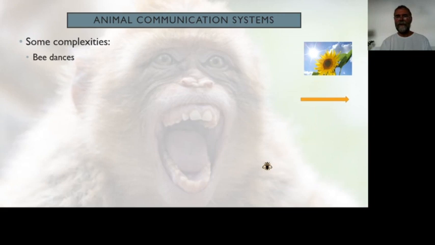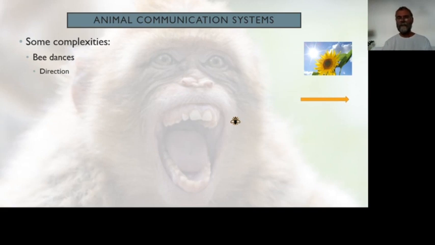So for example, if it danced crosswise to the right, that would mean that when you leave the hive you have to fly at a 45-degree angle from the position of the sun. Okay, so by this dance then, the angle of the dance indicates the direction that you have to fly.